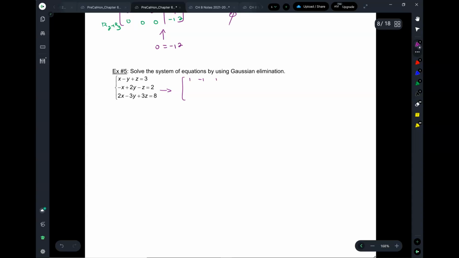1 minus 1, 1, 3. Okay, so first, I want to get rid of the bottom left. So this one. What are we going to do?